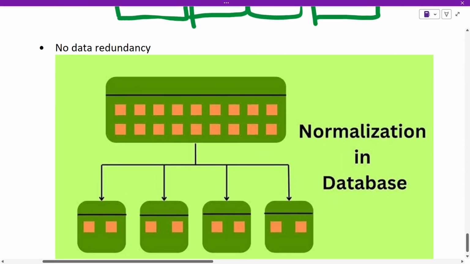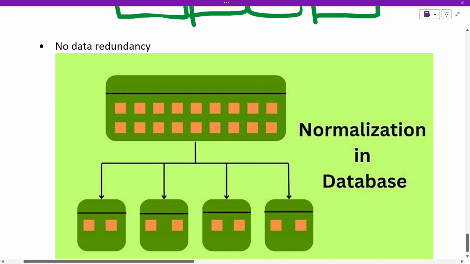And the last one is no data redundancy. So what is this redundancy? In a file system, it is very much possible that a lot of data is duplicated in a lot of files, but the file system is not aware of the duplication, so it will just allow all the duplicate things to be inserted again.